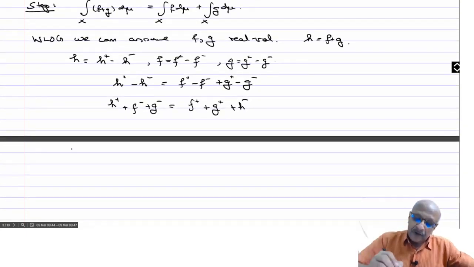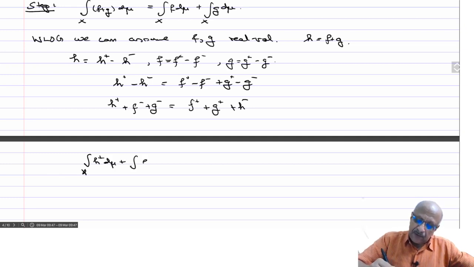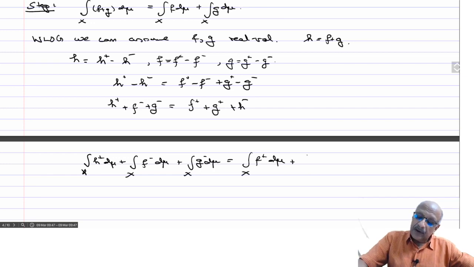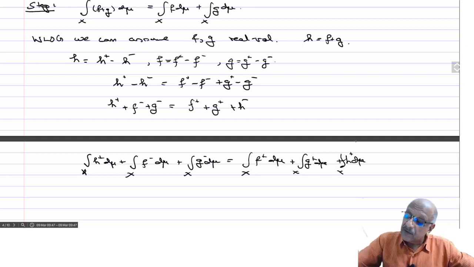So for non-negative functions, the sum of the integrals is equal to the integral of the sum, so you get that the integral over X of h plus dμ plus the integral of f minus dμ plus the integral of g minus dμ is the same as the integral of f plus dμ plus the integral of g plus dμ plus the integral of h minus dμ.